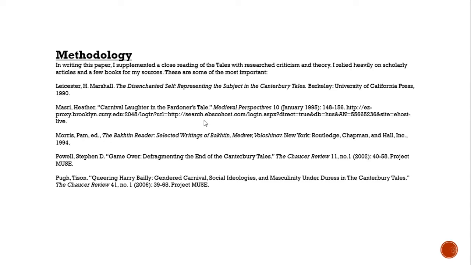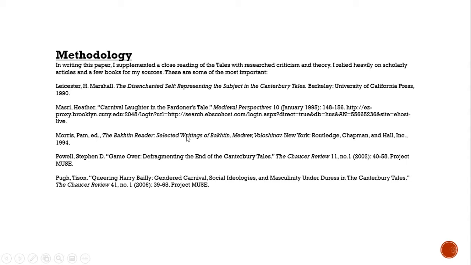And like I said, there's been commentary on the carnivalesque subject matter of the tales, but I kind of wanted to go beyond that and see how the notion of carnival didn't just inform the subject matter, but was actually an organizing principle of the structure of the tales, collectively and individually. The Bakhtin Reader, this was another book I leaned very heavily on, pretty much almost to the point of this being a primary source.